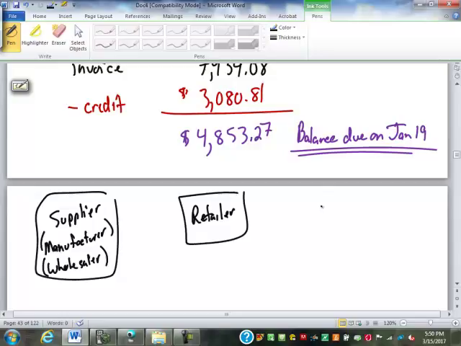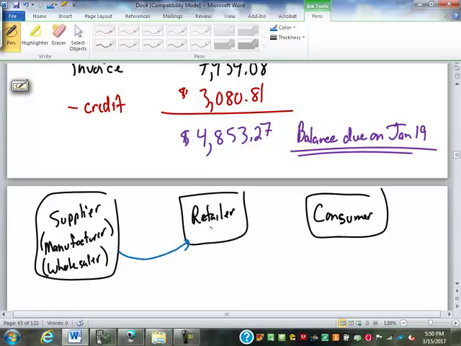And then there is the consumer. And last week, what we were discussing was the invoicing process from that supplier to the retailer. This week, we're going to go from the retailer to the consumer.